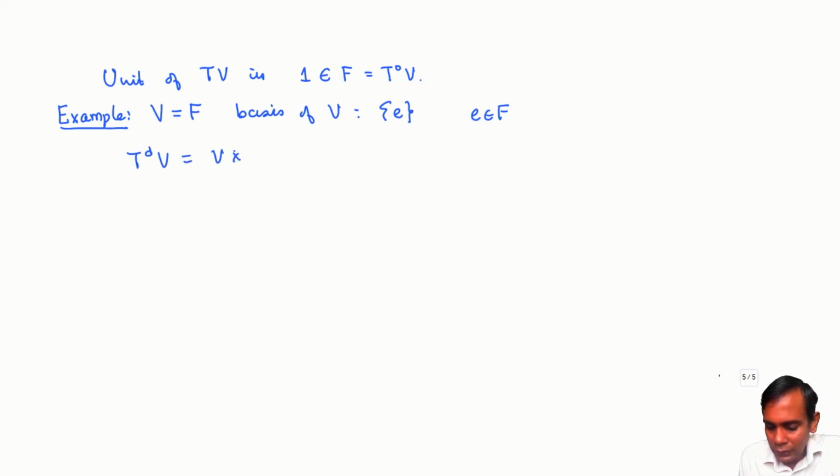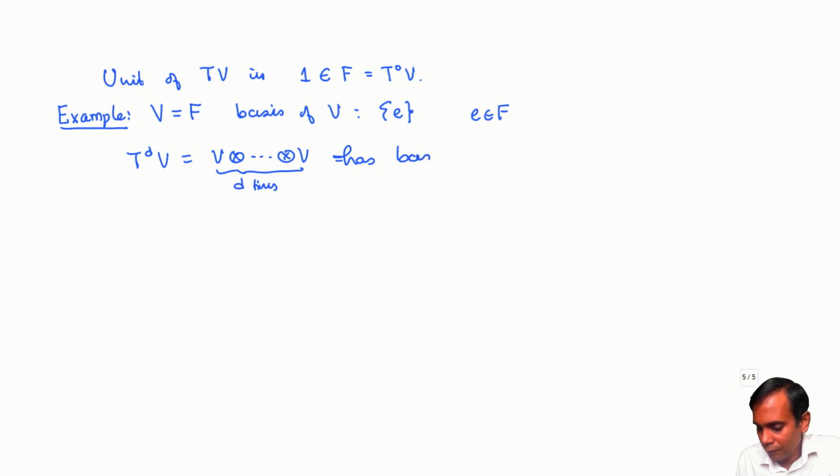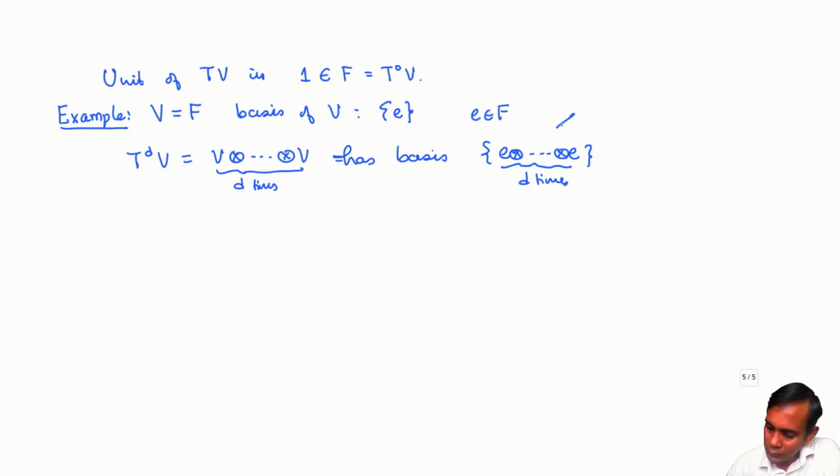TdV is V tensor V taken D times. And its basis is just the singleton set E tensor E taken D times. Let's call this E to the D.